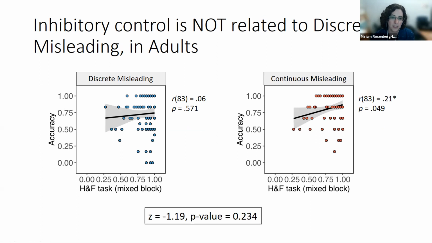This maybe suggests that there's a general contribution of inhibitory control, but it's not necessarily specific to the misleading ones. There's also a size manipulation in this task where the correct proportion is sometimes the smaller spinner and sometimes the larger, and that may require a general engagement of inhibitory control across all of the tasks.